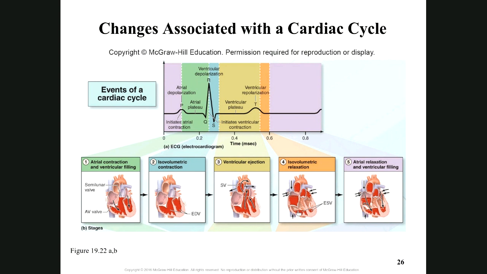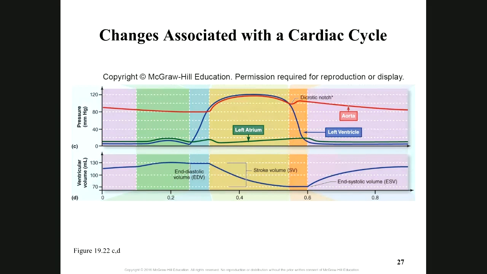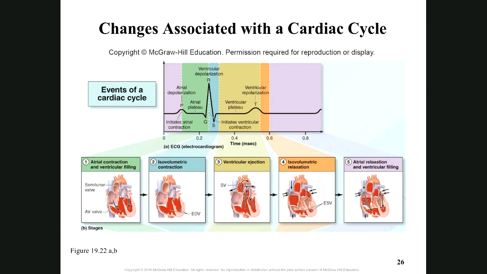The ventricular pressure is less than the pressure which we have in the aorta, and the volume of the blood remains the same here because the valves are closed, and we call this part isovolumetric relaxation.